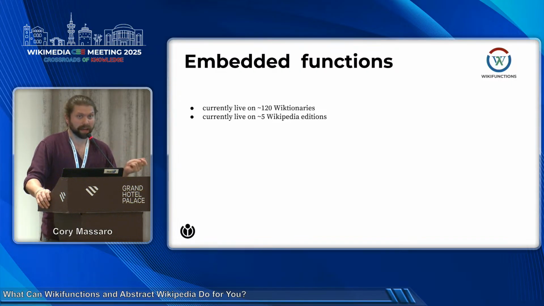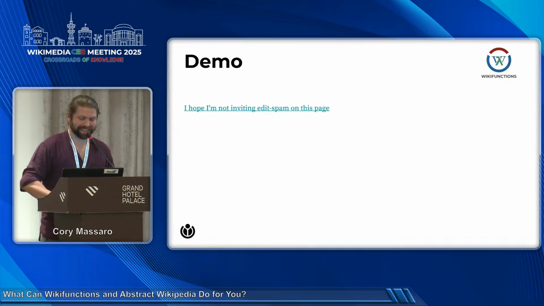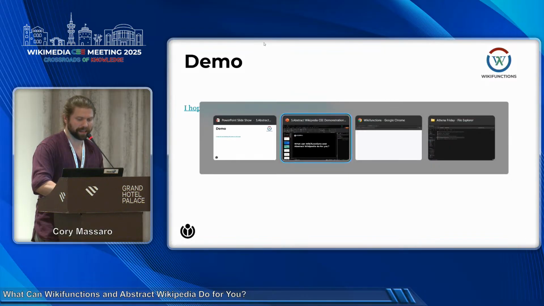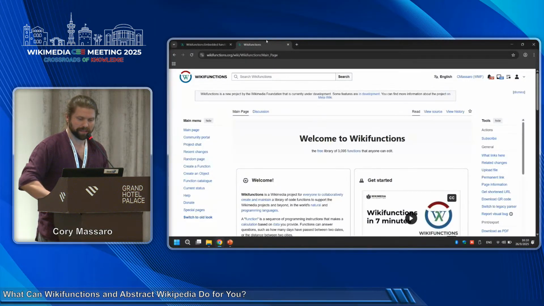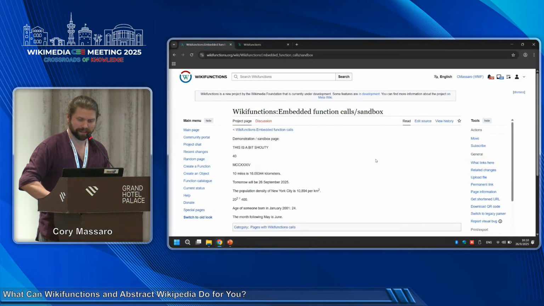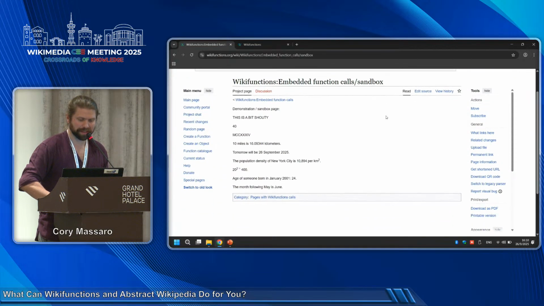We're also live on 5 Wikipedia editions, as well as a bunch of other smaller wikis where people think it's okay for us to run functions, which is not always the safest thing to do, you'll see why. But here's a little demo of that, and this is a very fun page, but please don't spam it.